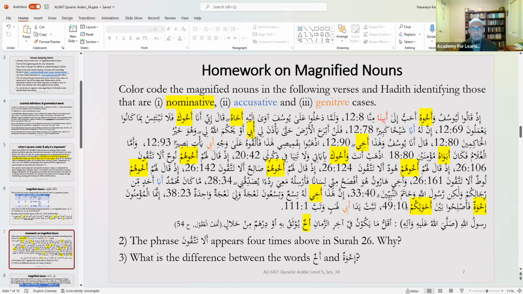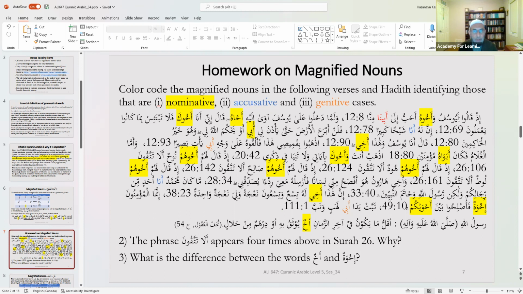Bismillah ar-Rahman ar-Rahim. Many of you submitted the homework and you got most of the things correct, but there was one particular thing which was tricky. Iz qalu la Yusufu wa akhuhu ahabbu ila abina. You can see la Yusufu. Here la is not a preposition. Otherwise it would be Yusufa, because Yusuf is partially changeable, right? We already did this. If lam was a preposition, it would be Yusufa.